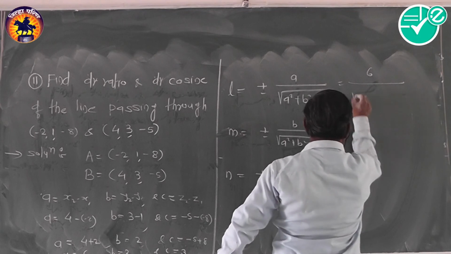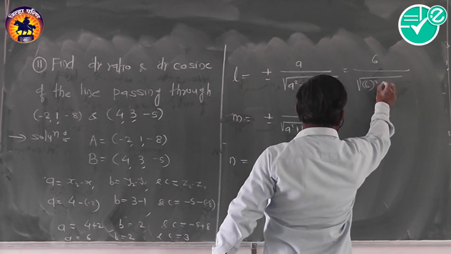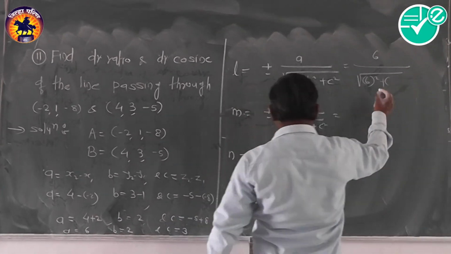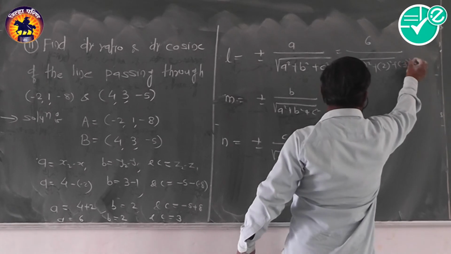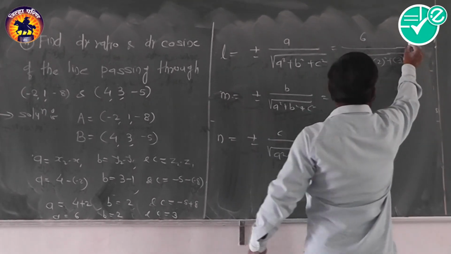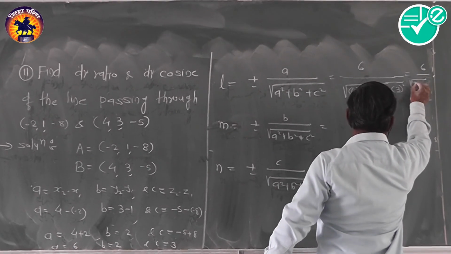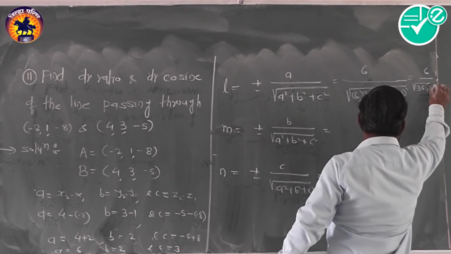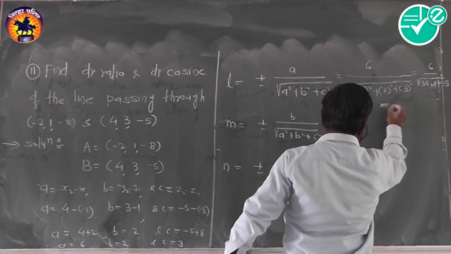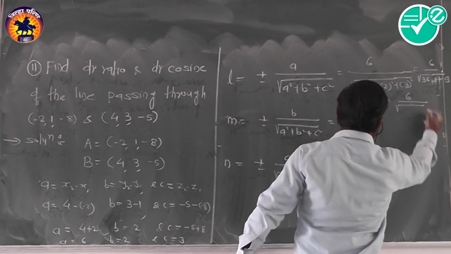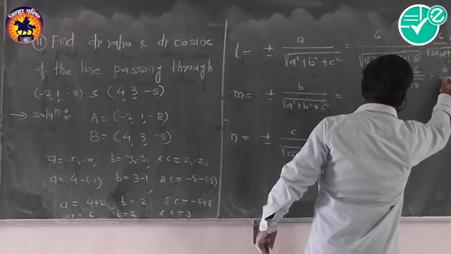6, so divided by, what is this? 6 square, 2 square, 3 square, that is 6 divided by under root 36 plus 4 plus 9, that is 6 divided by under root 49, that is 6 divided by 7.